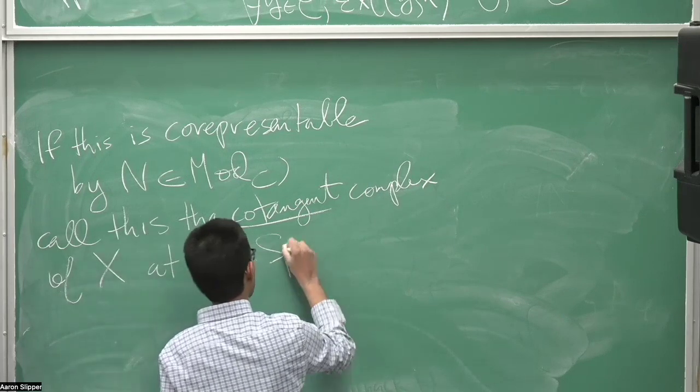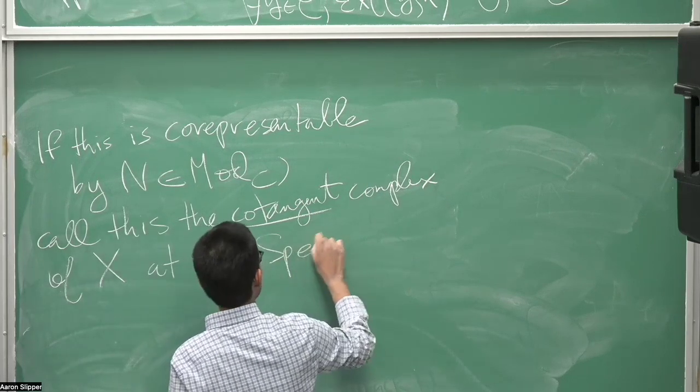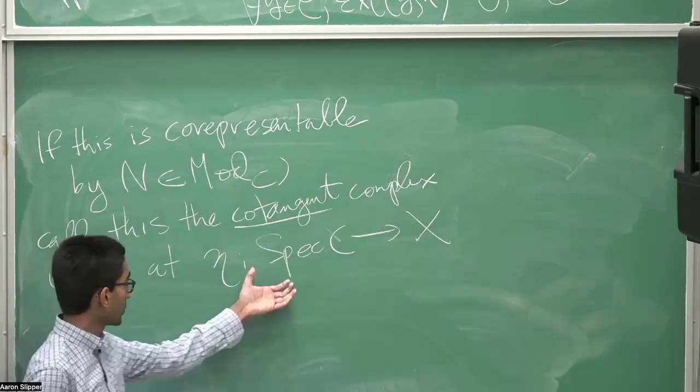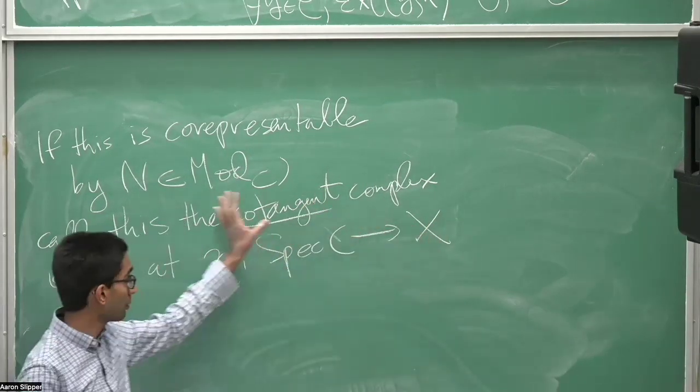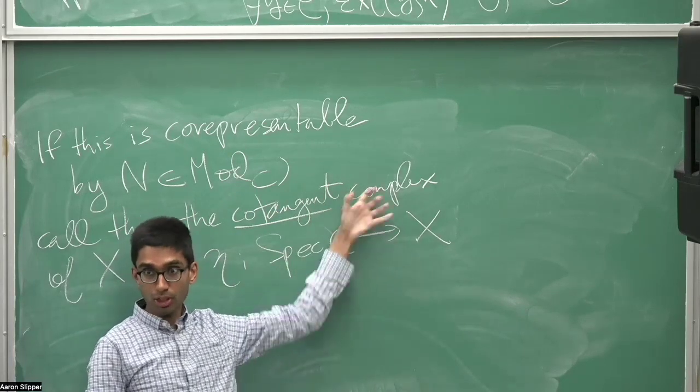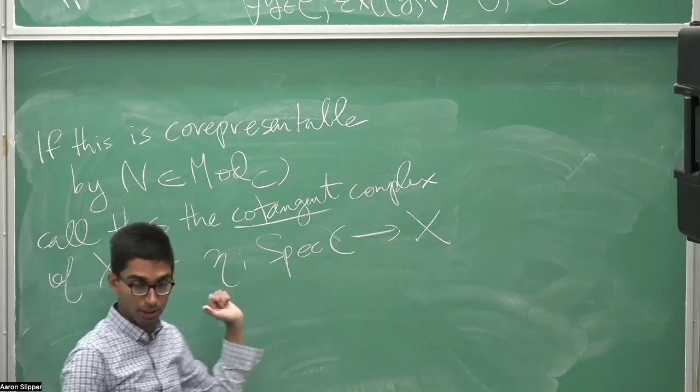So eta is a map from Spec C into X, and we're getting a C module, and that would be called the cotangent complex of X at that point eta. So it may or may not exist, but if it does exist, we call it that.